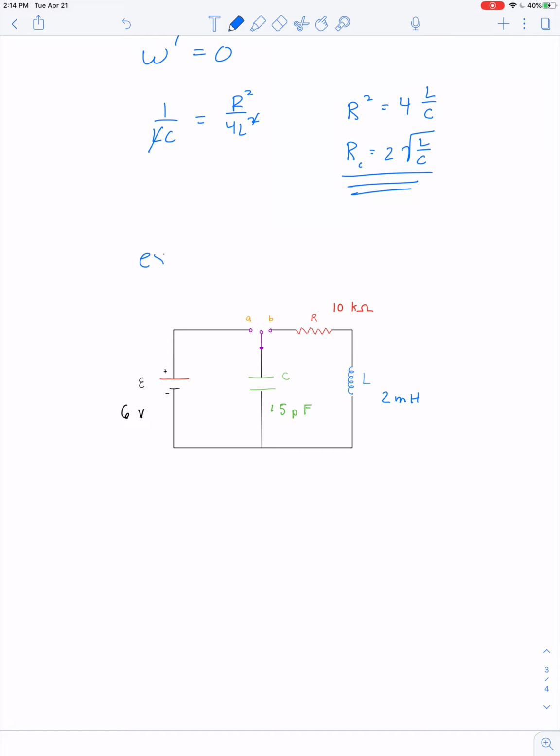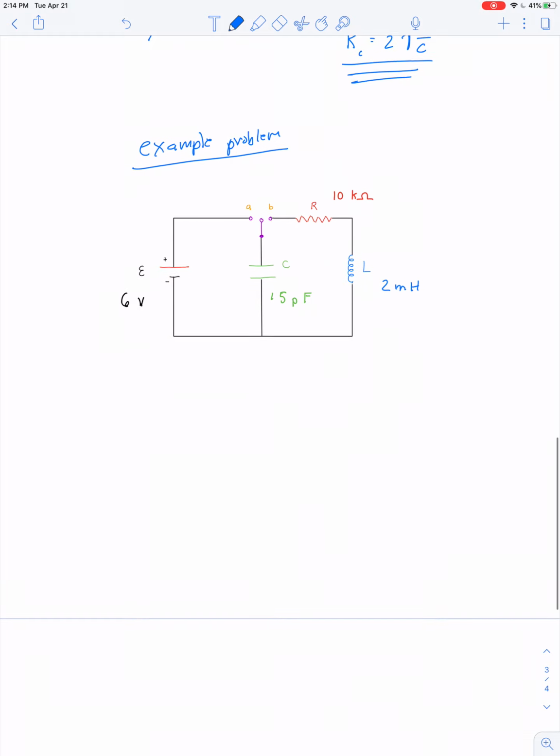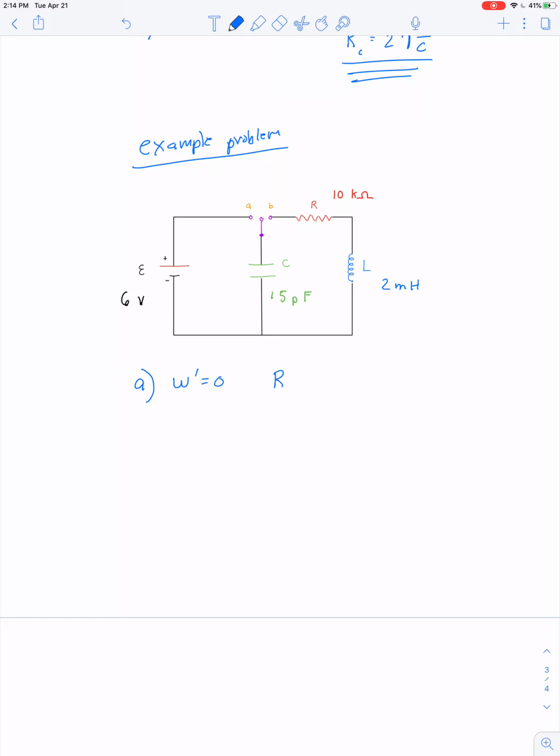Here's an example problem. Part A, what's the critical value of resistance that would make for zero angular frequency in this circuit? Well, that's the equation we just derived.